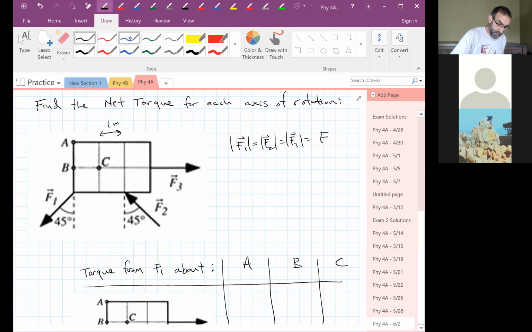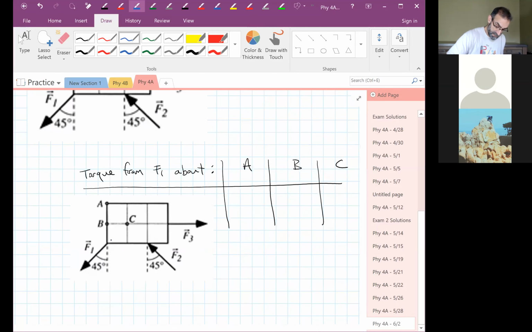So we can extend the line of force, right? Oh, I didn't want to do it here. I wanted to do it down here. And we find the perpendicular distance from that line of force to A. So I'm going to call that dA.